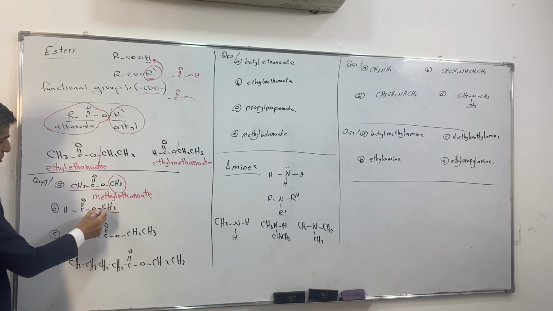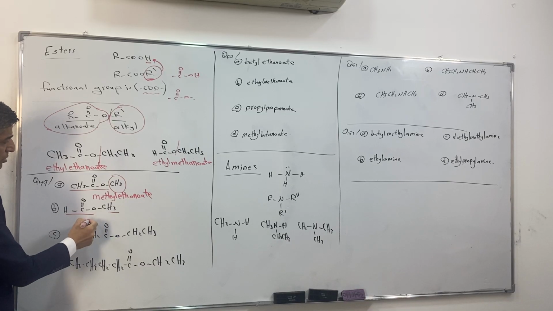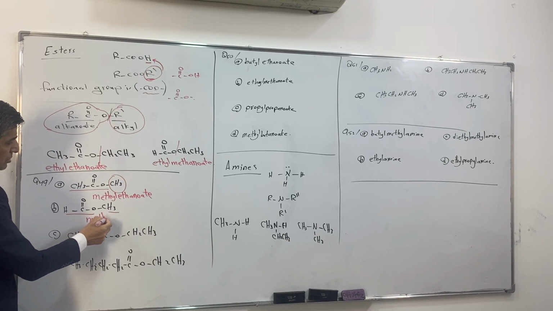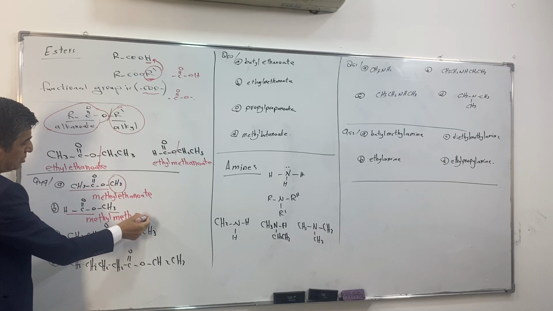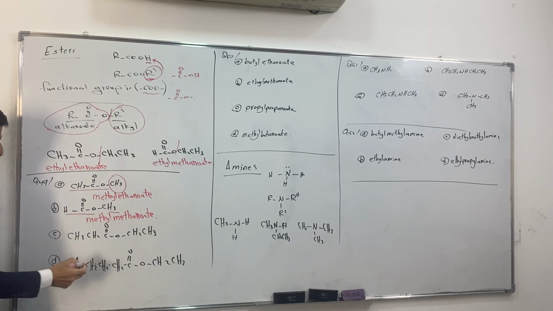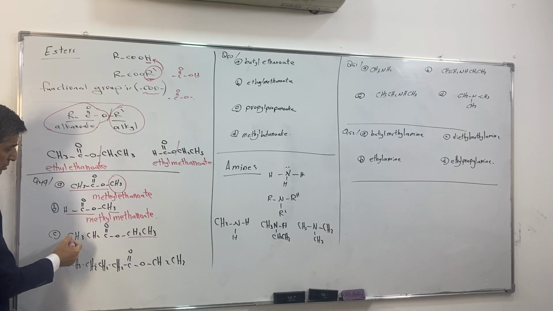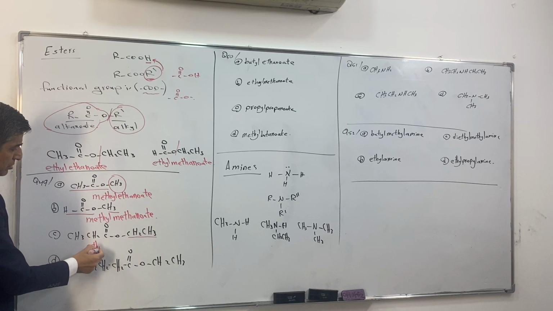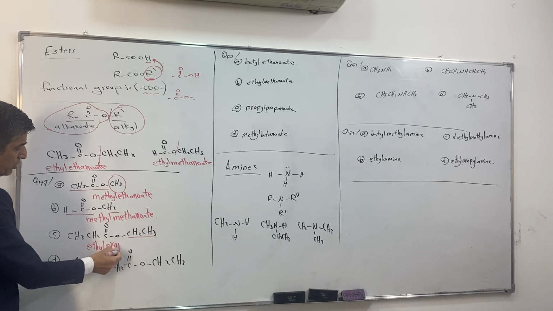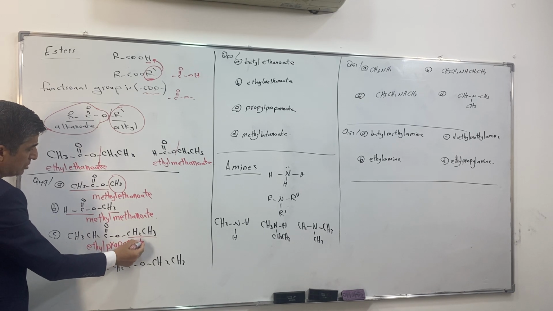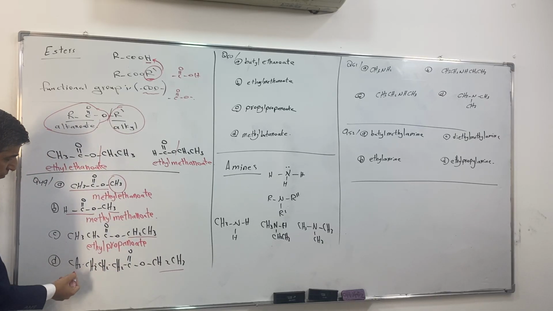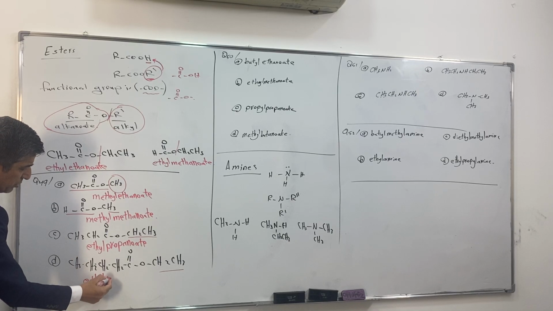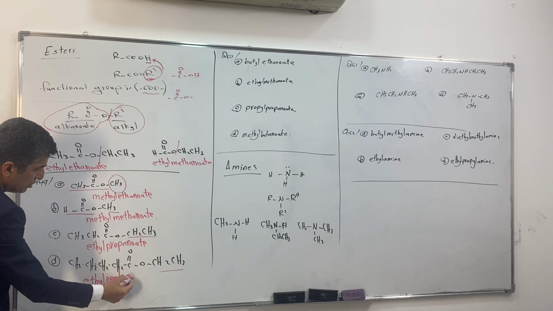This compound is methyl methanoate, and this compound's name will be ethyl propanoate, and this compound will be ethyl pentanoate because we have 5 carbon atoms.